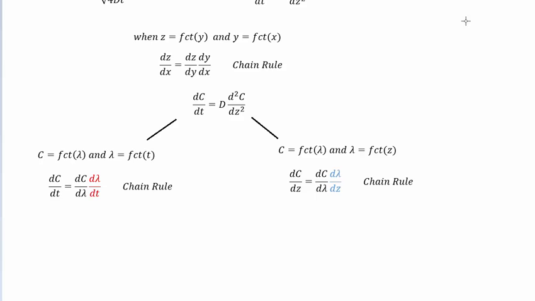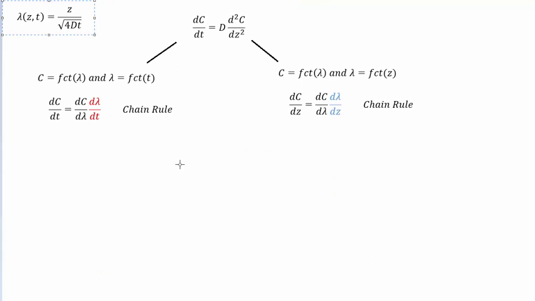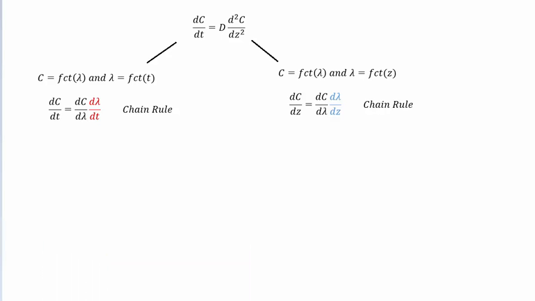And since we have an explicit function for lambda, what I'm showing here in red and blue, the d lambda dt and d lambda dz, we could actually do the calculus and solve directly for what those expressions are actually going to be. So that's what I'm going to do.